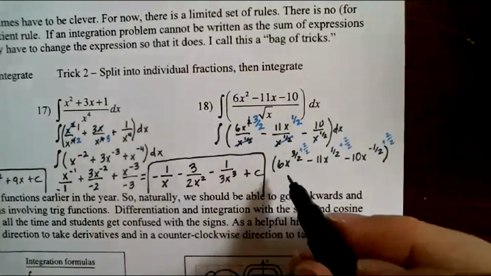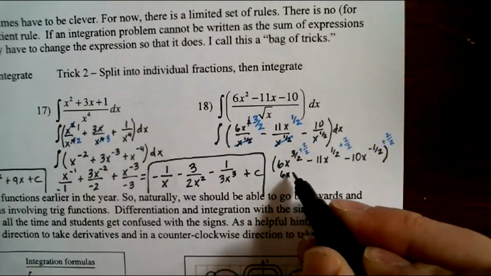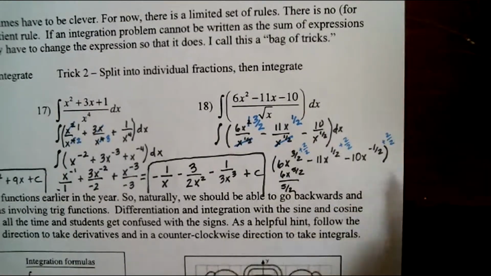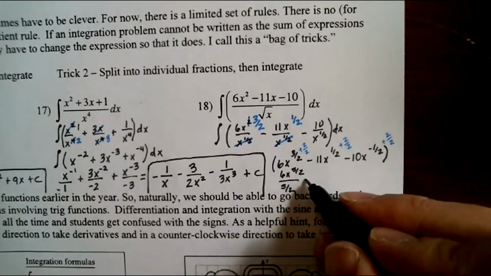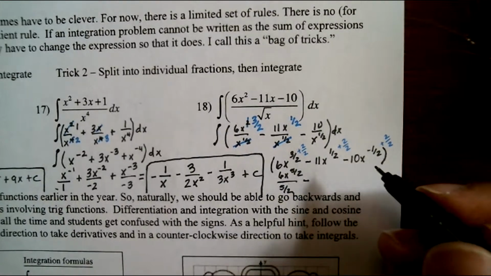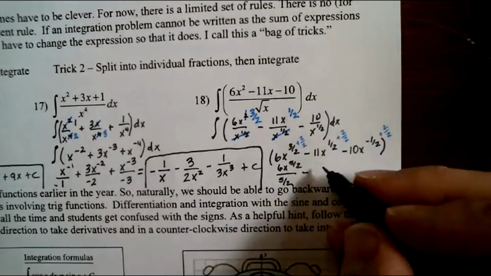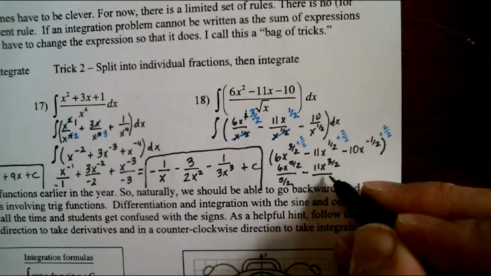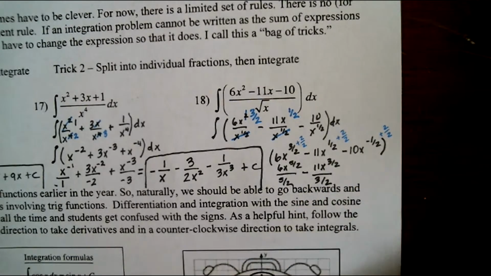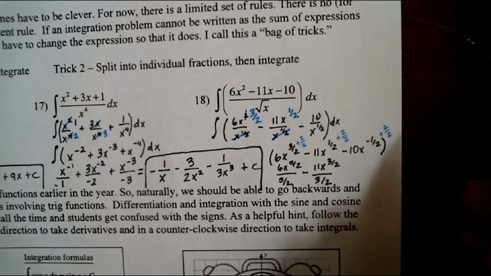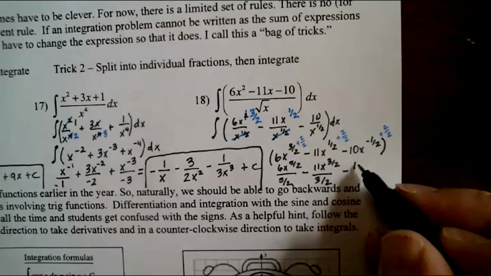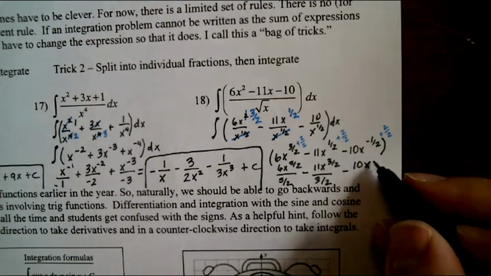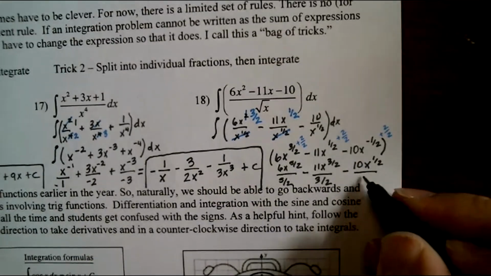So I'm going to say 6x to the 5 over 2 over 5 over 2, minus 11x to the 3 over 2 over 3 over 2, and then minus 10x to the 1/2 over 1/2.